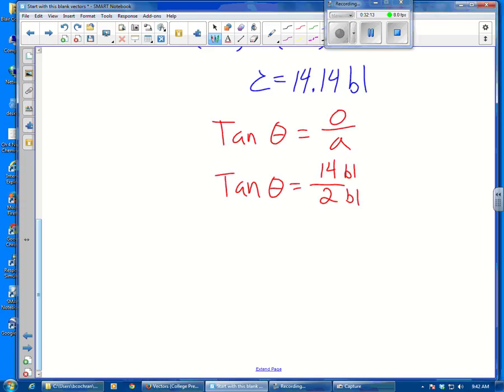Here's the tricky math part that you just kind of have to remember. To get the theta out of the tangent, I have to do inverse tan to both sides. So if I do inverse tan to this side, and I do it to this side, what that does is it crosses out them on this side, leaving me with theta.